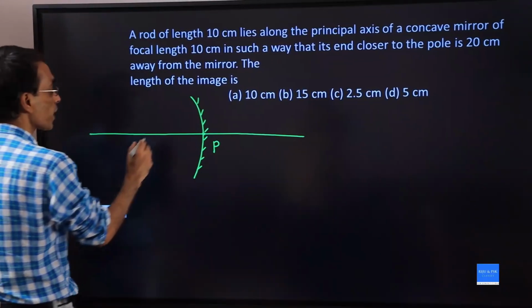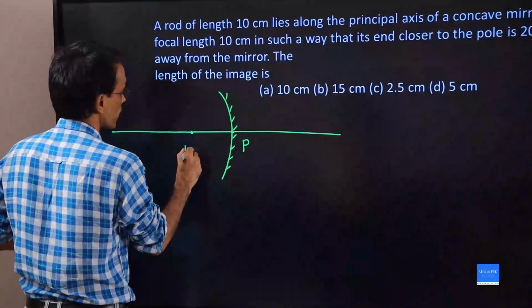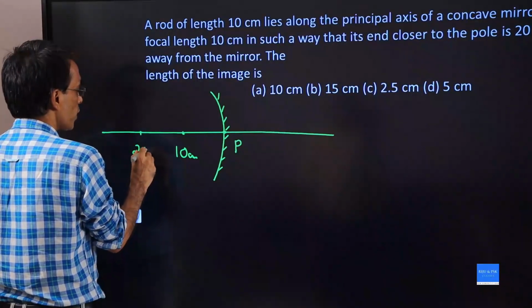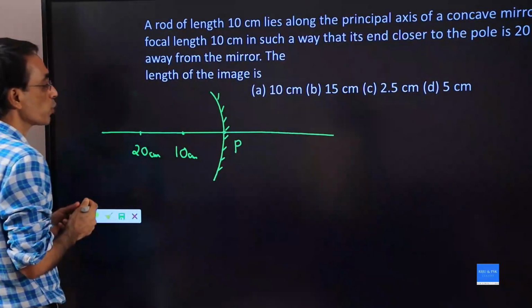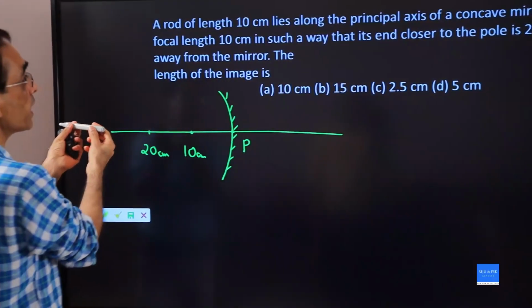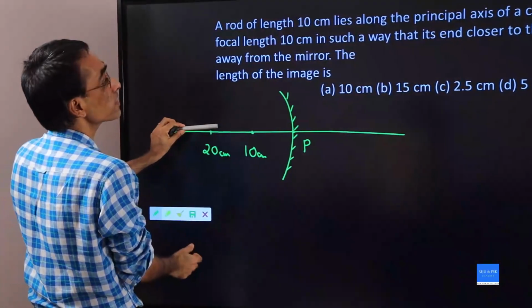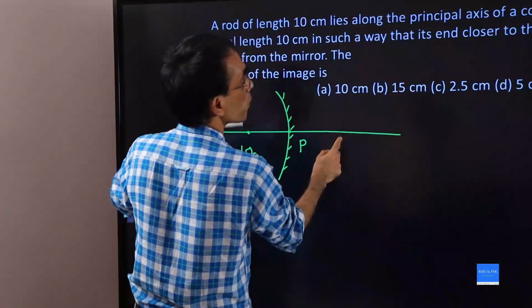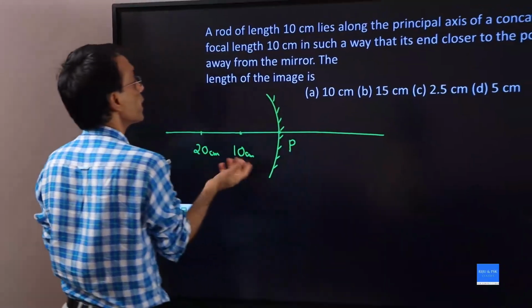The concave mirror has a focal length of 10 centimeter, so this must be 10 centimeter. This is where you have the center of curvature at 20 centimeter. The rod of length 10 centimeter is lying along the principal axis, such that the end closer to the pole is 20 centimeter away from the pole.